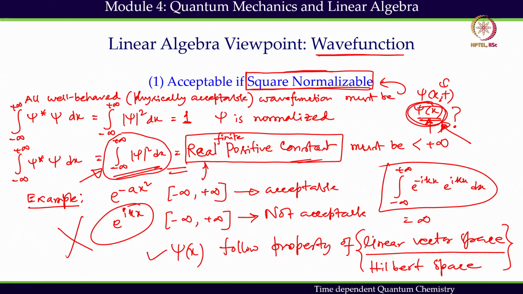It is like living in the solar system: any living being in the solar system will follow similar properties. Similarly, if the wave function lives in Hilbert space or a linear vector space, it must be square normalizable. That is a consequence, and that is the reason why I can use linear algebra. Otherwise, I cannot use linear algebra.